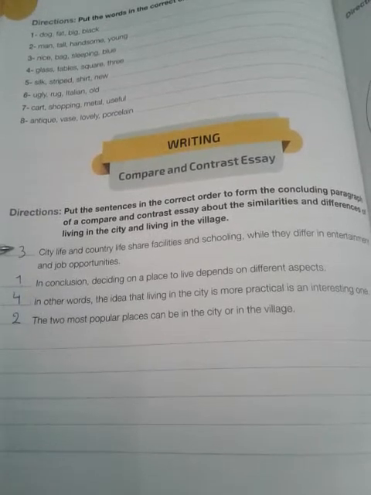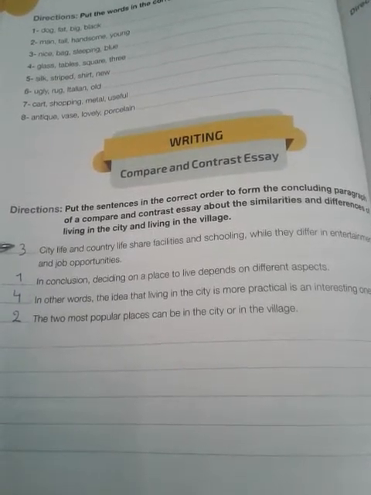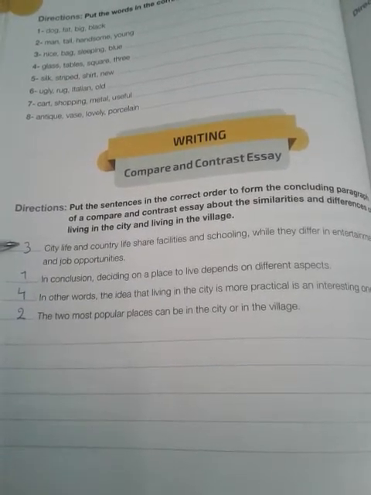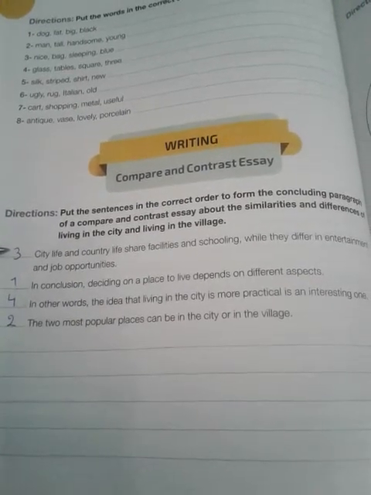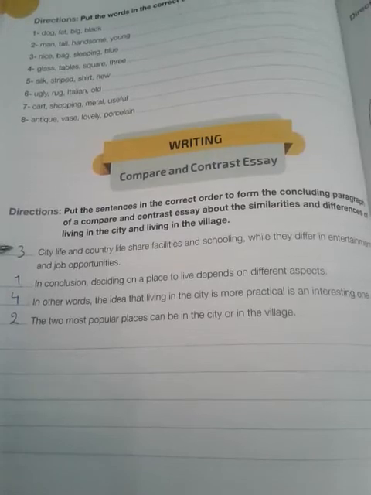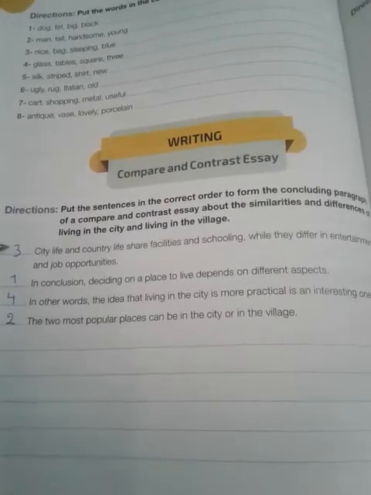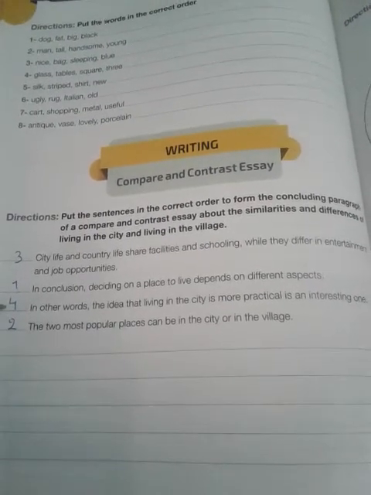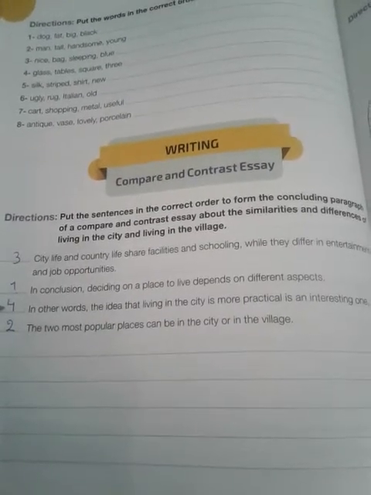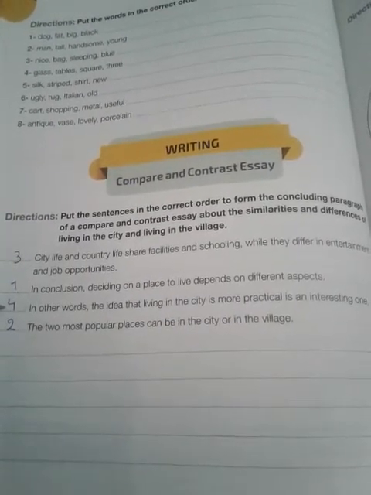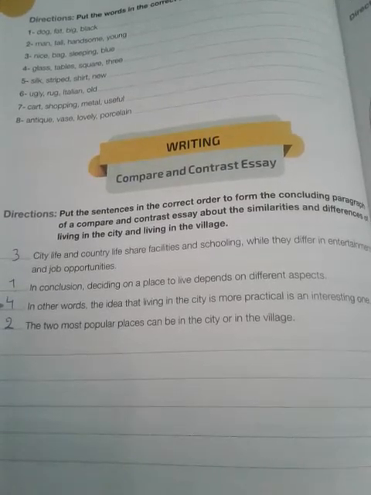Number 3 would be a summary of body 1 and body 2: City life and country life share facilities and schooling, while they differ in entertainment and job opportunities. And finally, it would be my opinion: In other words, the idea that living in the city is more practical and it is an interesting one.